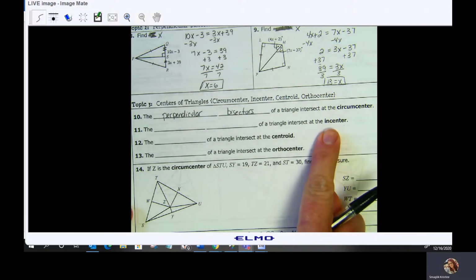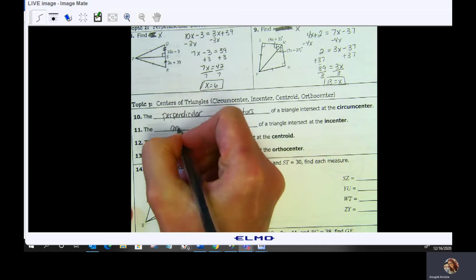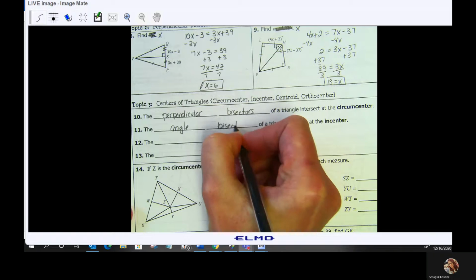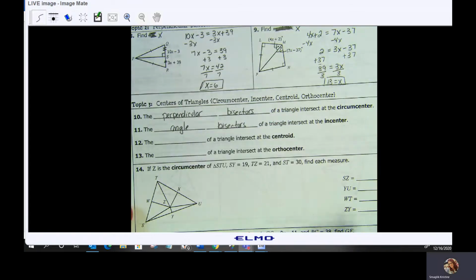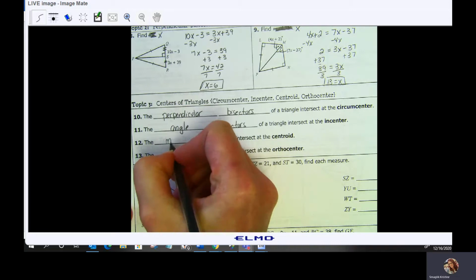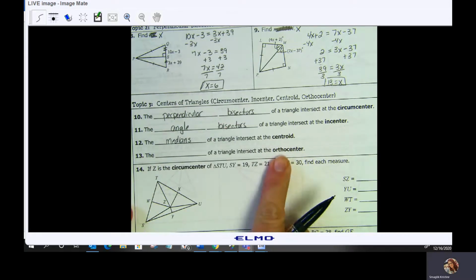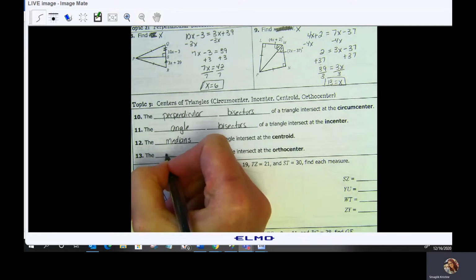Incenters are formed by angle bisectors. Centroids are formed by medians, and orthocenters are formed by altitudes.